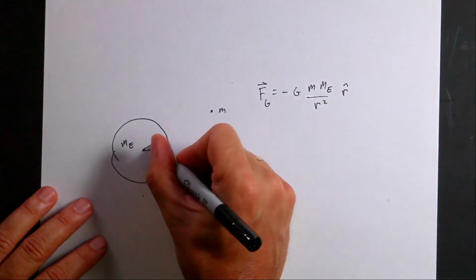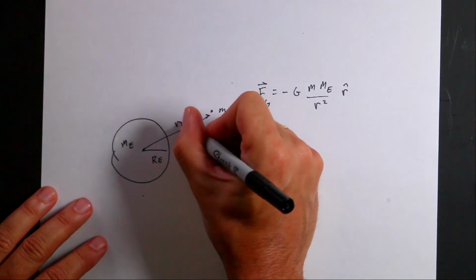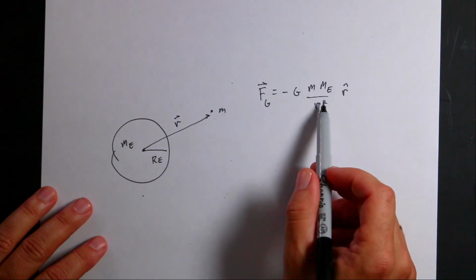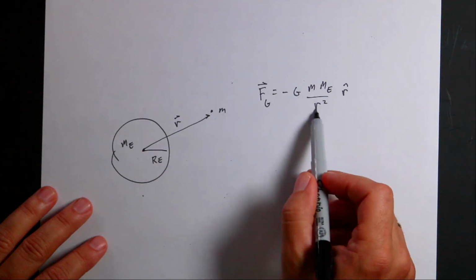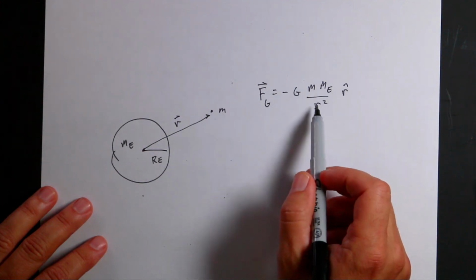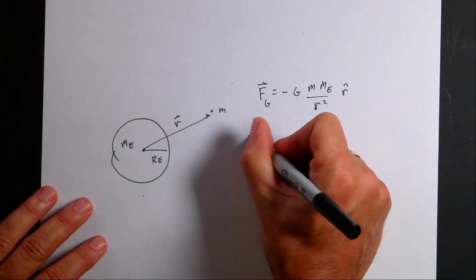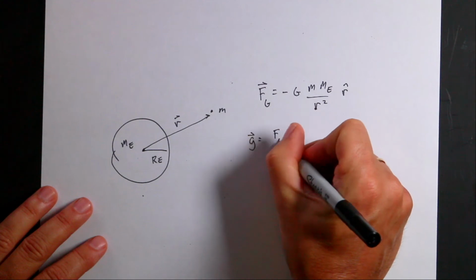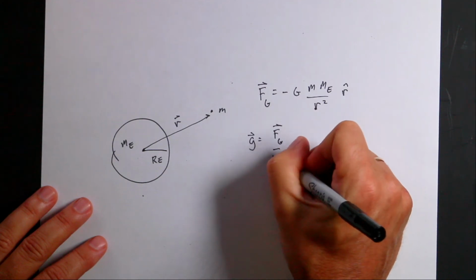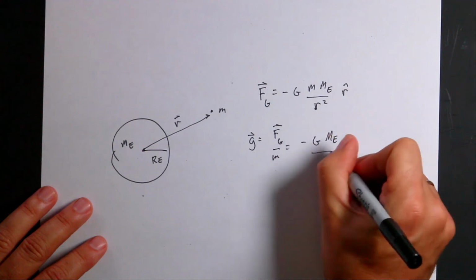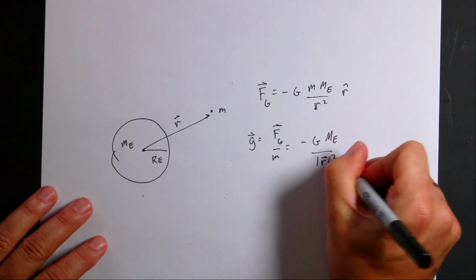So r is the vector from the center of the Earth to the mass, and r hat is a unit vector in that direction, and r is the magnitude of that vector. That's not the point I want to get to.